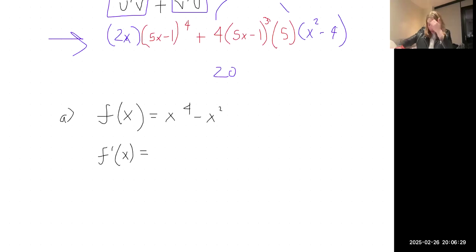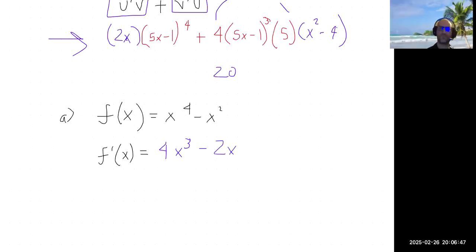The derivative of this, f prime of x, equals 4x cubed minus 2x.